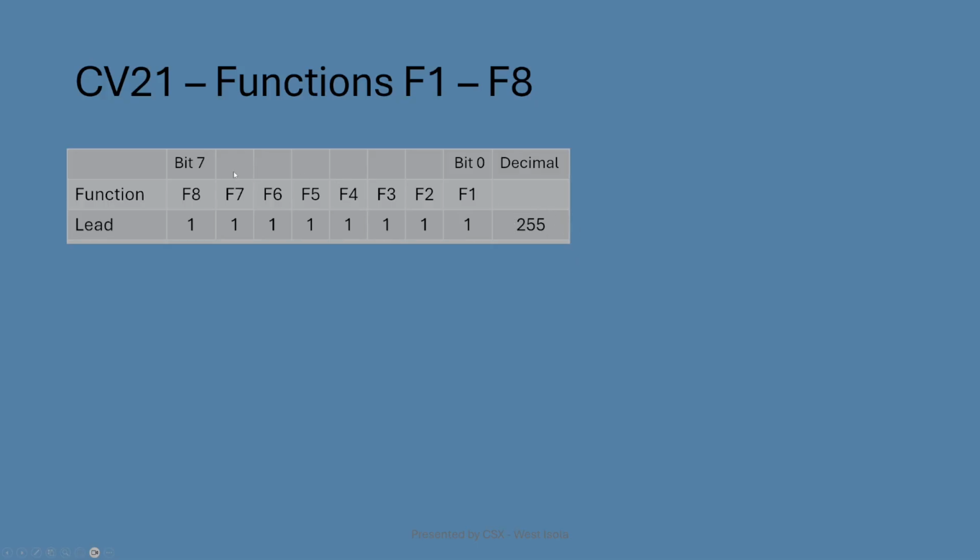Basically on a bit of paper, you could write this out, 11111111, stick that into your Windows calculator or whatever, and it'd come up. And that's the value that we're going to put in CV21 to tell that particular loco, I want you to react to all of these functions. So when I press F1, you react to F1. When I press F6, you react to F6.